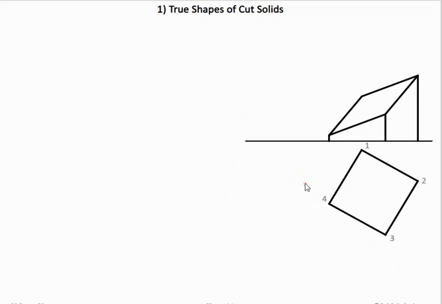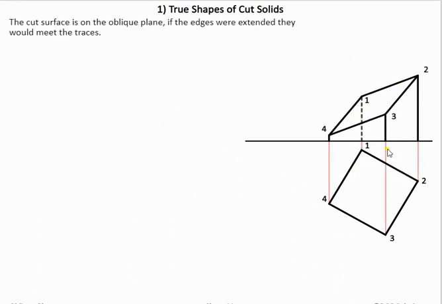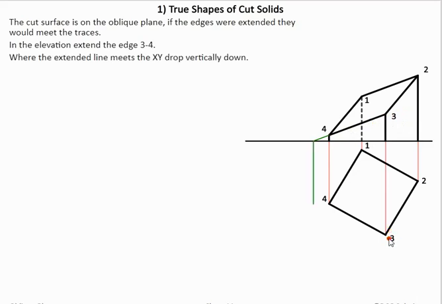Now what we're looking at is getting the true shape of a cut surface. We have an object that has been cut by an oblique plane, but in this case we need to construct the traces first of all. To do that, we're going to extend the edge 3, 4, do the same in plan, extend it on, and bring it down from our elevation.